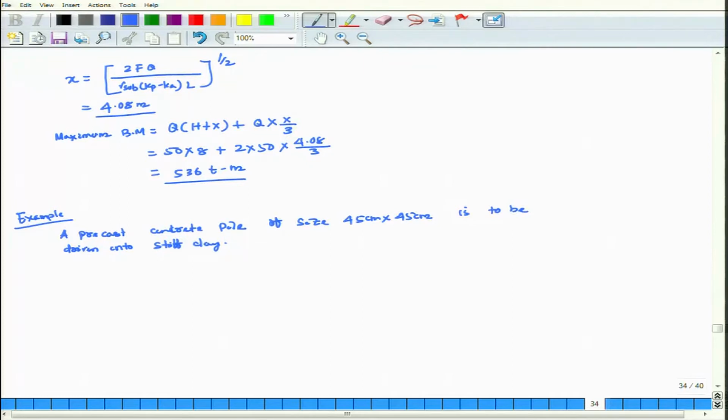The unconfined compressive strength for clay is equal to 200 kilonewton per meter square.